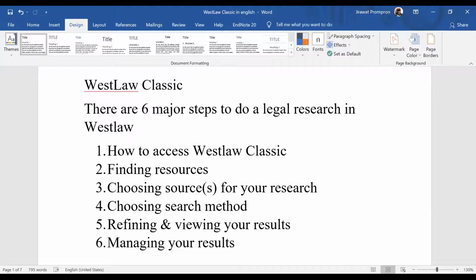And then choose the search method, natural language or term and connector. Remember that natural language is plain English, the question that you ask people, the sentence that you use when talking with people or something like that. That's what we call the search method.